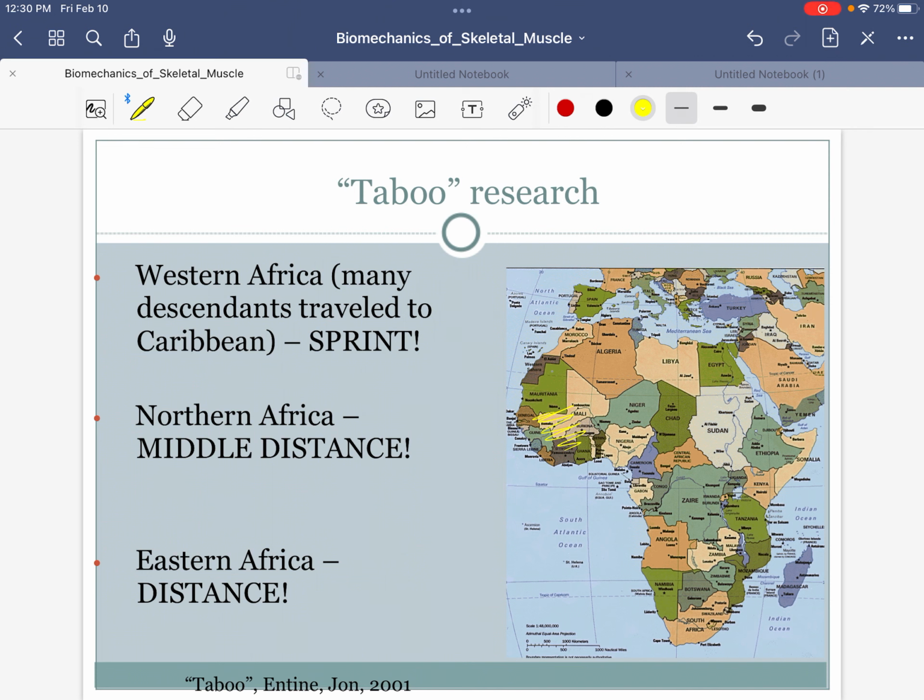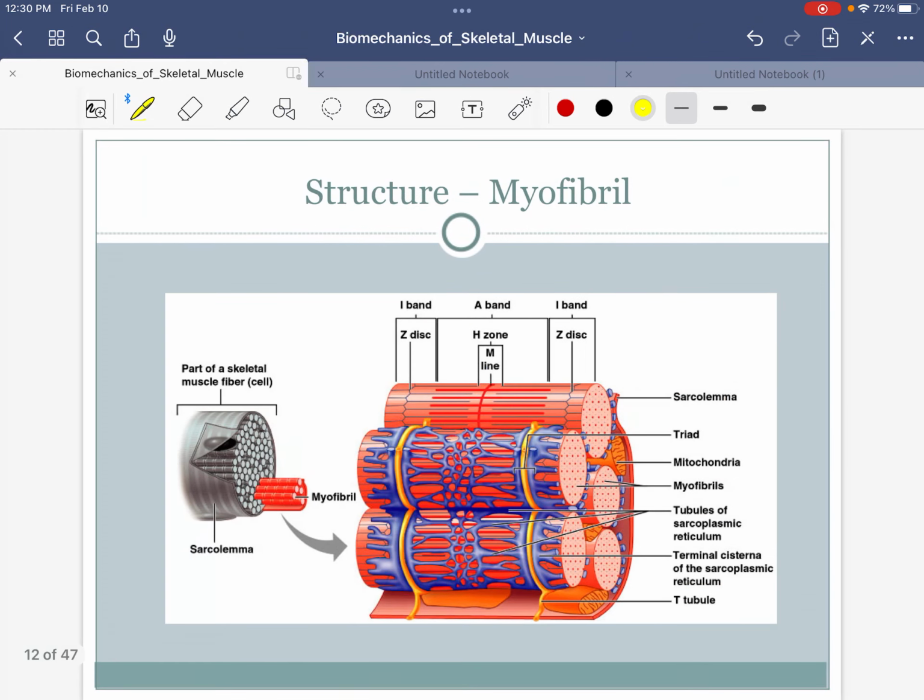So here we tend to see a lot of the fastest sprinters in the world. Here we tend to see a lot of the fastest descendants from the middle distance. And then here we can see more of the distance runners, for example, Kenya. Don't need to know this, but it's just interesting.